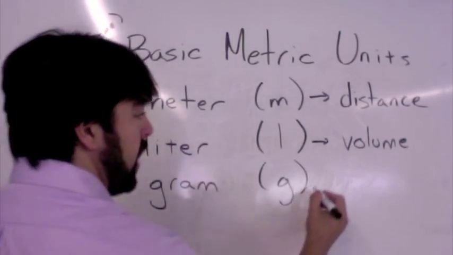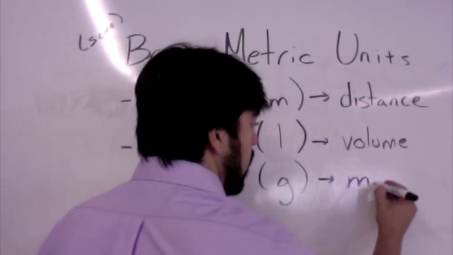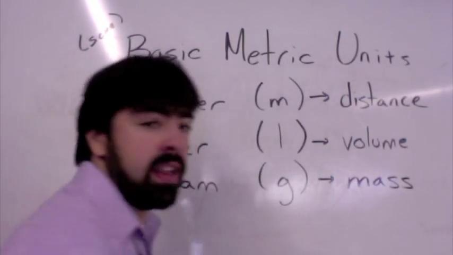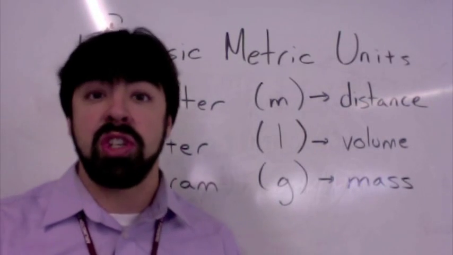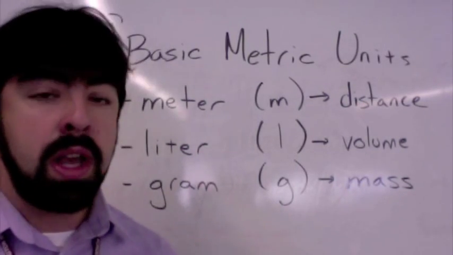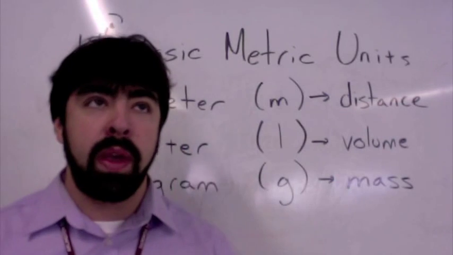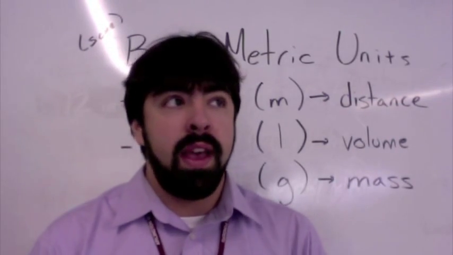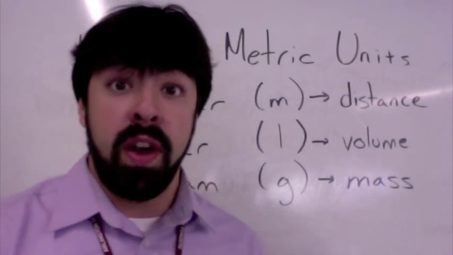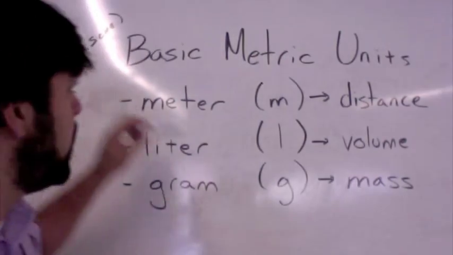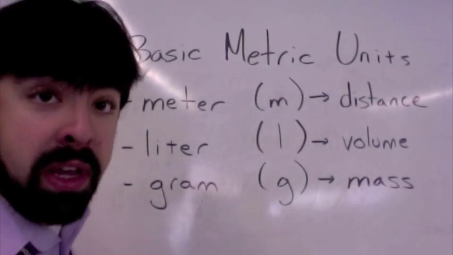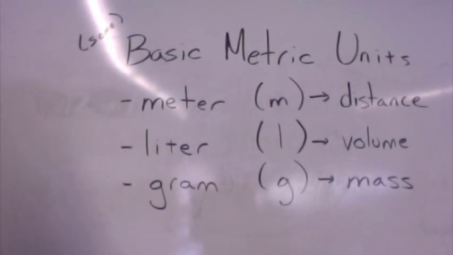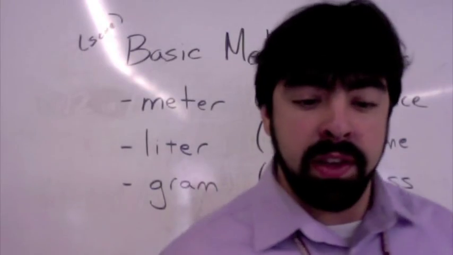And then the gram is going to tell us mass, how much of something there is, how much matter. We'll talk more about that when we get to mass versus weight and what the difference is and why they're important in various things. So these are our basic metric units: meter, liter, gram. There are more, but we're going to base off of these.